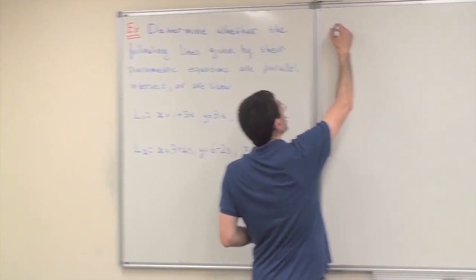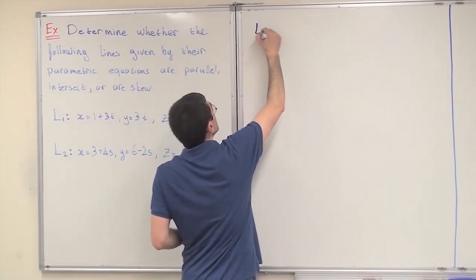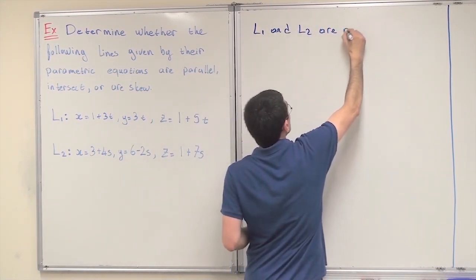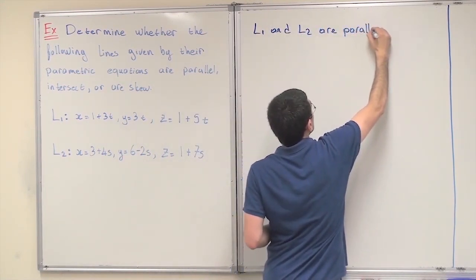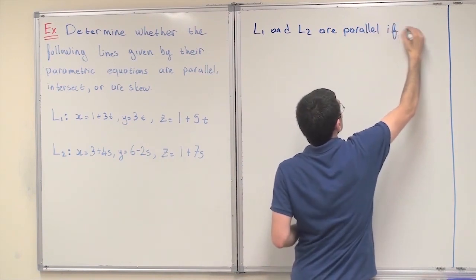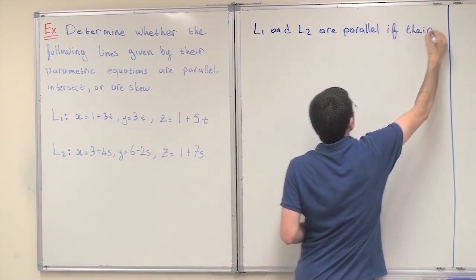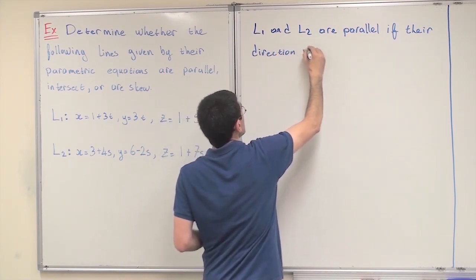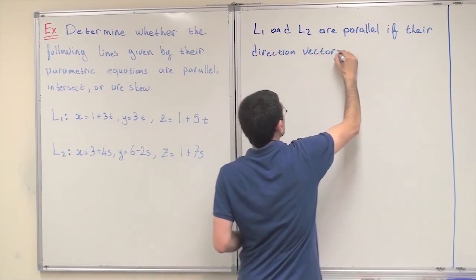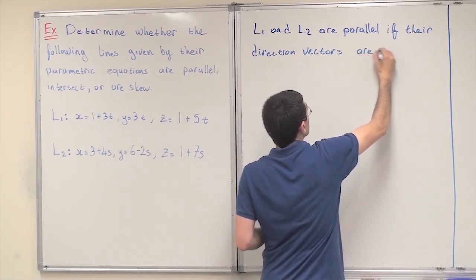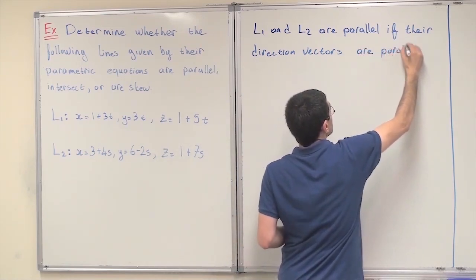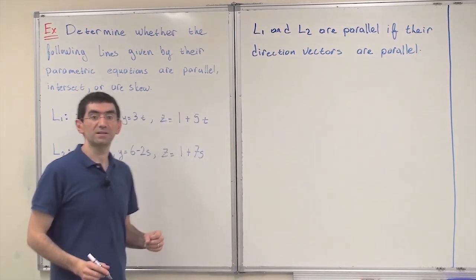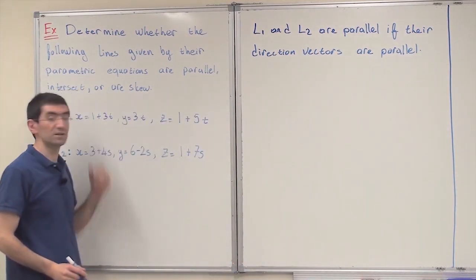Two lines are parallel if their direction vectors are parallel. The direction vector is the vector which we have used to determine the line equation.